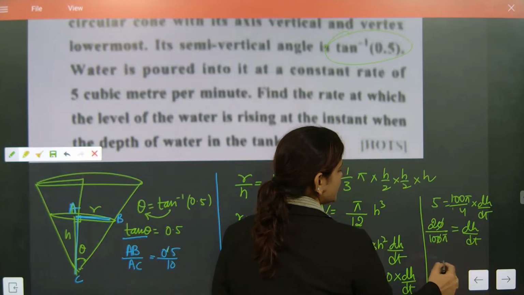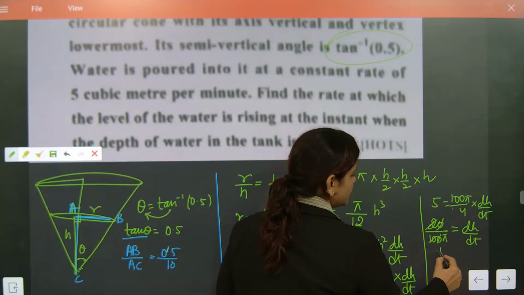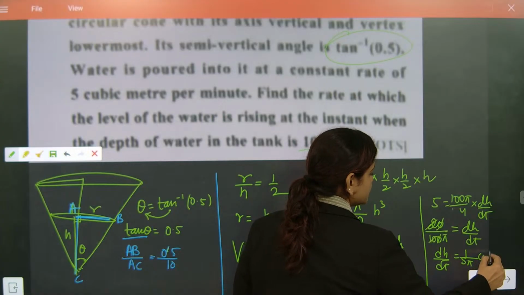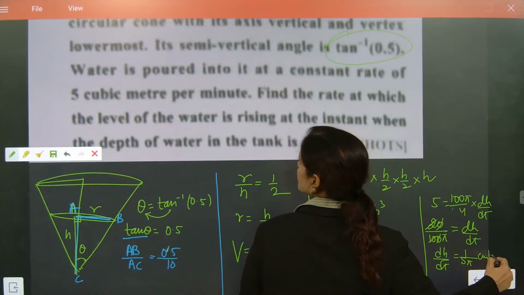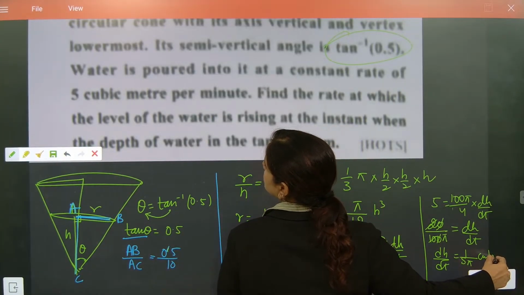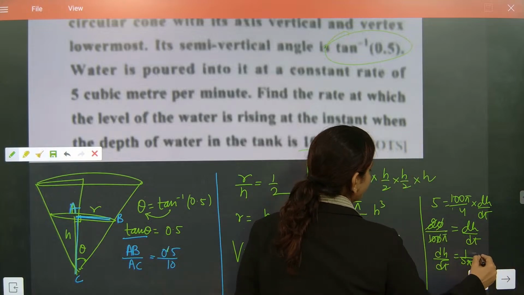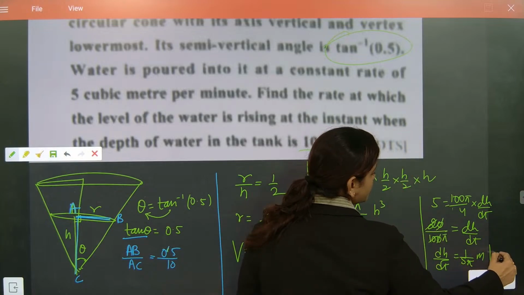This and this get cancelled. So the rate of change of height is 1 by 5 pi meter per minute.